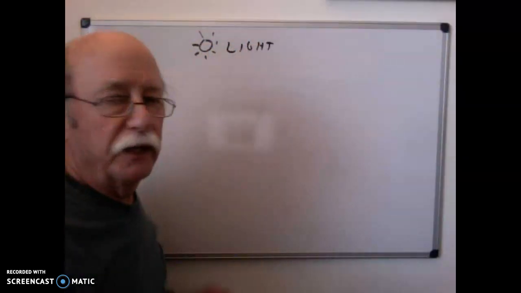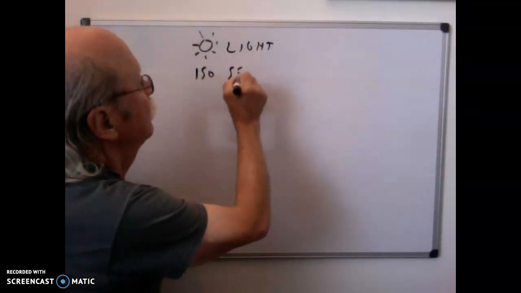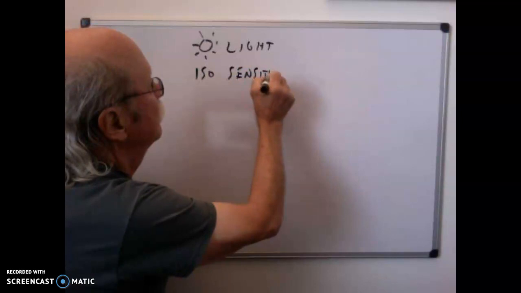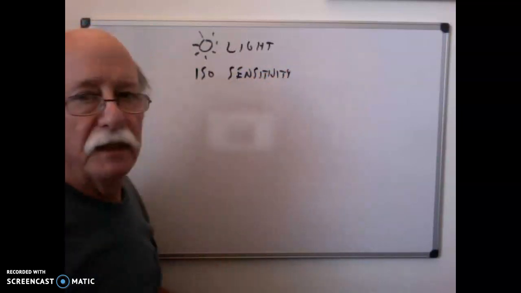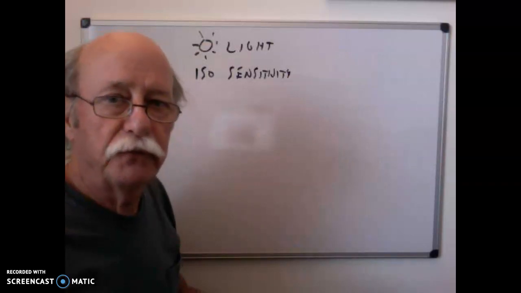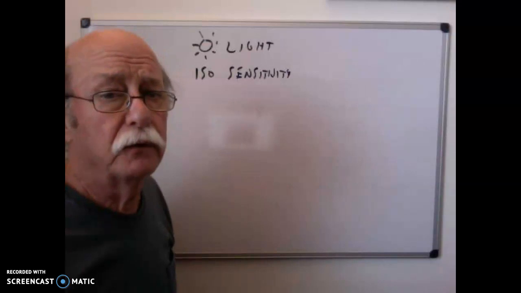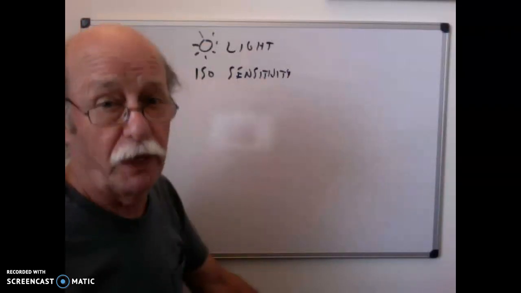We're going to call that the ISO, sensitivity. How much light do we need to make an exposure? Too much light, overexposed. Too little light, underexposed. Neither of which are good, even if you can fix them in Photoshop.